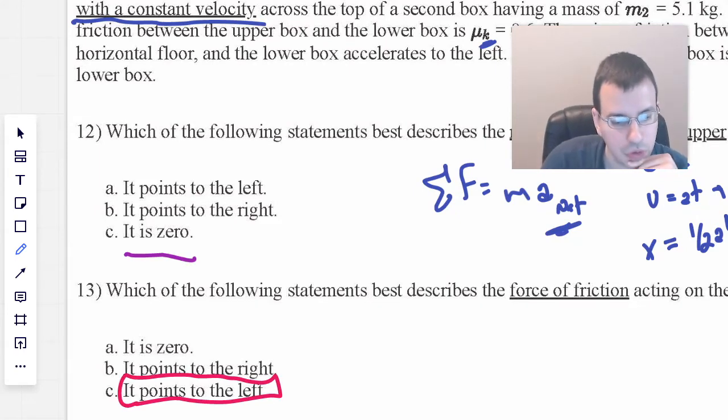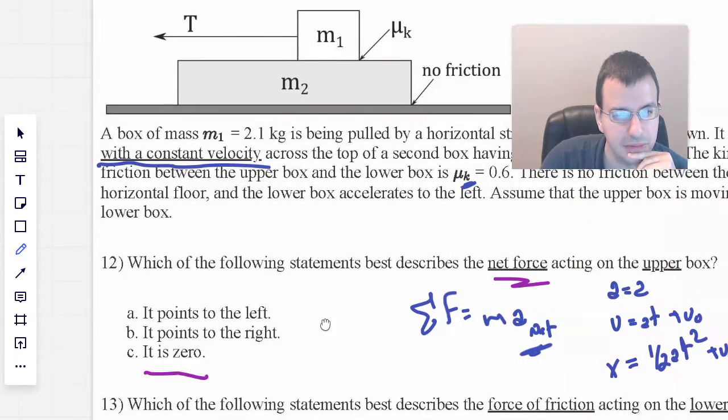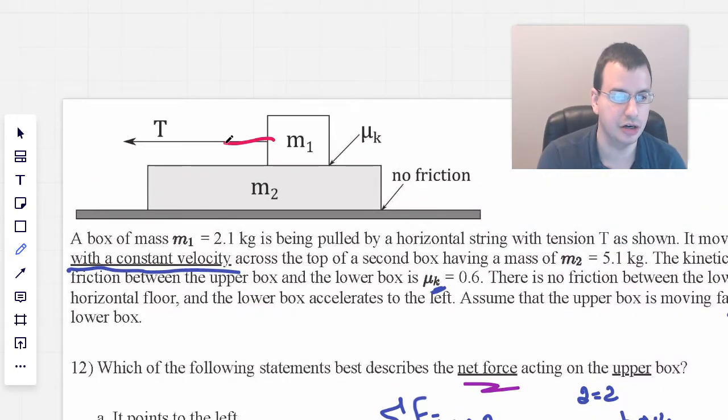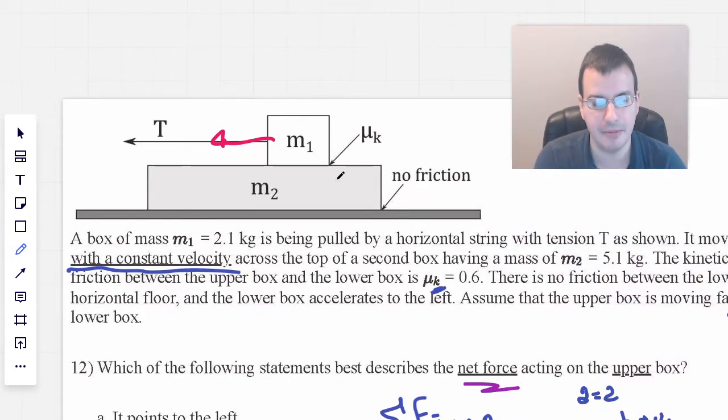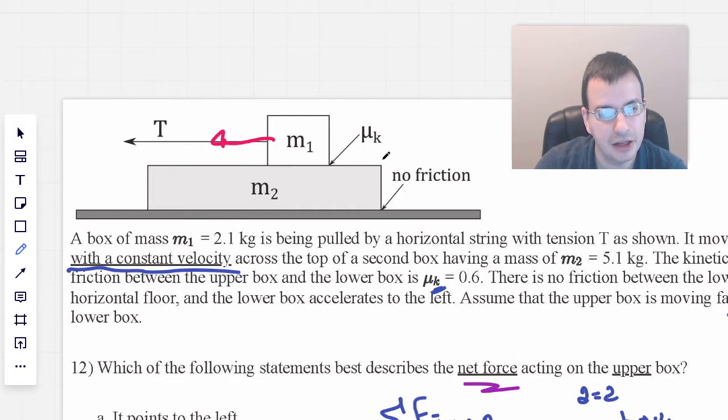What is the magnitude of acceleration of the lower box? The idea here is you have a constant velocity for the upper box, and this is pulling the mass M2 along with it due to friction. So M2 is going to be accelerating.